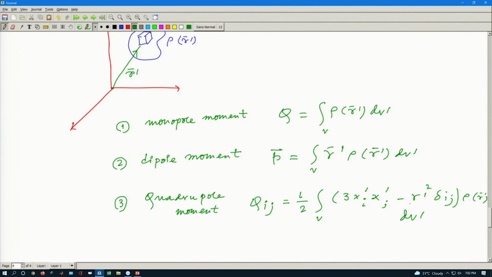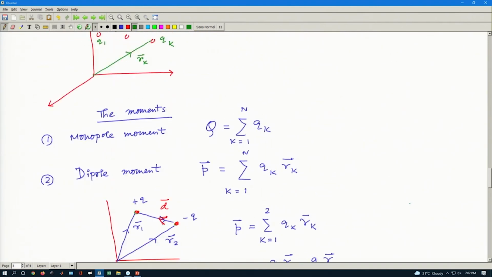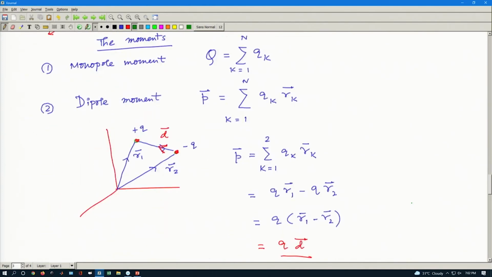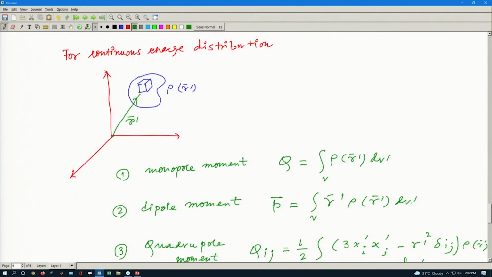So this is the overall gist of the moments for discrete charge and for continuous charge distribution.